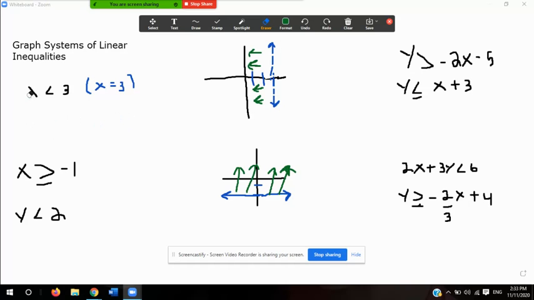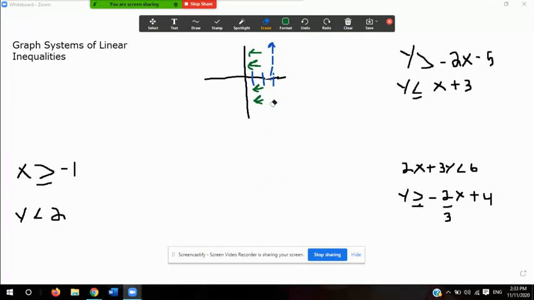Okay, I'm just going to erase this. I'm going to erase everything down here, and I'm going to leave this inequality. I'm going to erase parts of it. Hopefully I can just add to it.